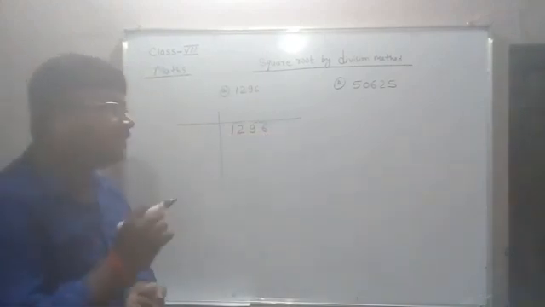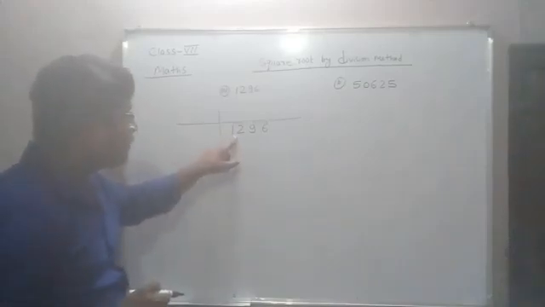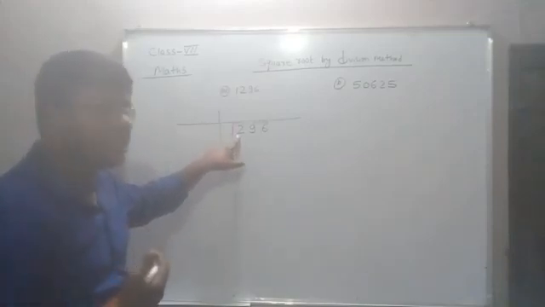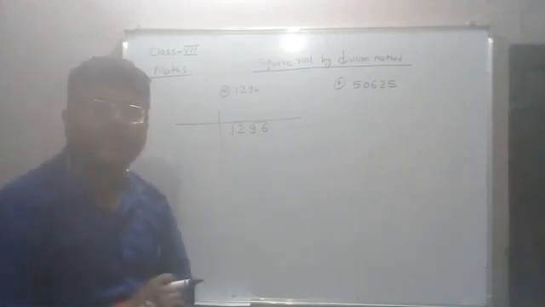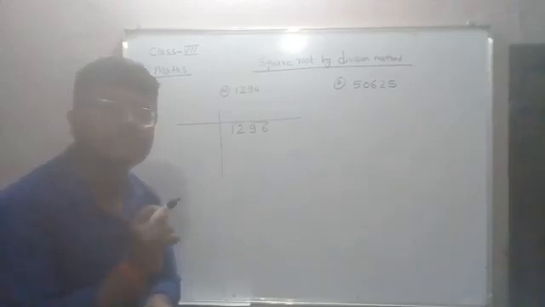After that we have to look at the first pair, 12, and see whose square it is. If we do not get a perfect square, we need to find the number just less than 12.